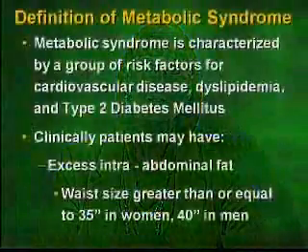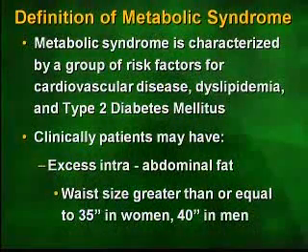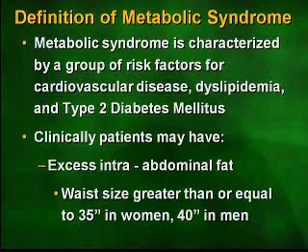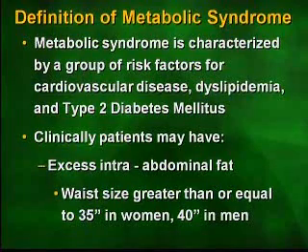So let's look at the definition of metabolic syndrome. Metabolic syndrome is characterized by a group of risk factors for cardiovascular disease, for dyslipidemia, and type 2 diabetes. One of the most significant issues for our patients with PCOS is this risk of metabolic syndrome.